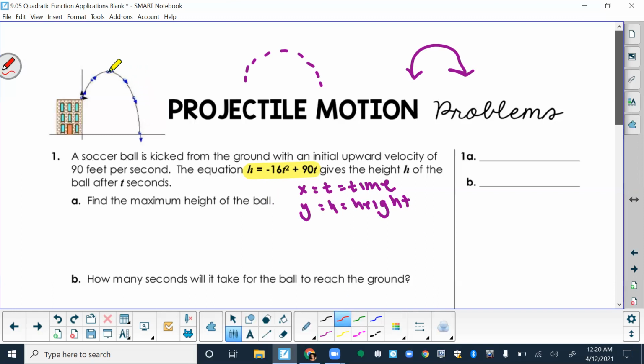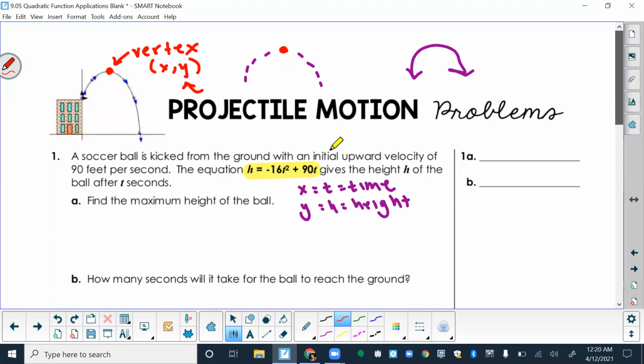Well, the maximum point of a parabola is called the vertex, right? It could be a maximum or a minimum. In these ones, it's going to be a maximum because the ball will eventually reach the top and then fall down. So I want to know my y value of the vertex.